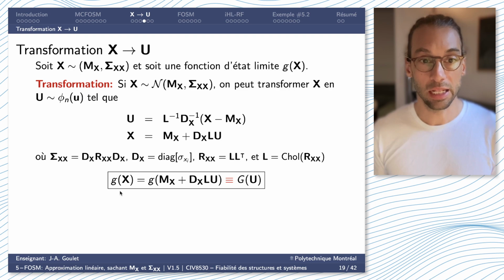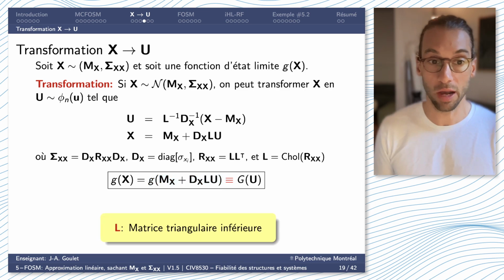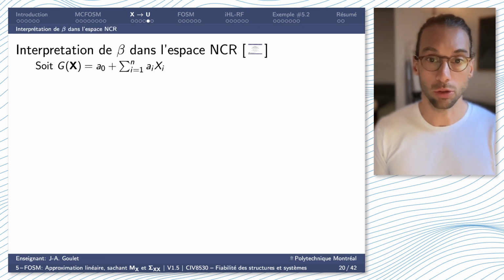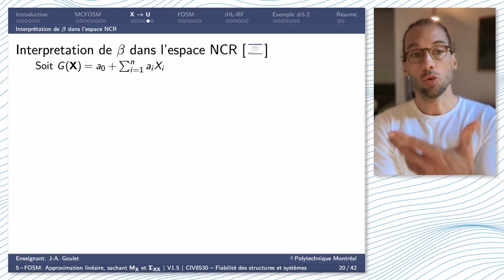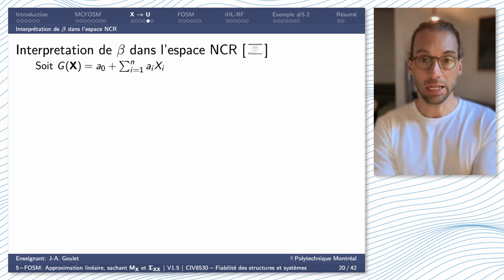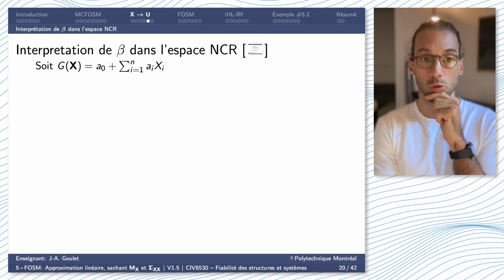So if I want to evaluate g of u, I'm simply going to evaluate g of my transformation from u to x. So I can now express my limit state function in terms of u if I want to. And keep in mind, as I said earlier, that L is a lower triangular matrix for my Cholesky decomposition. So what is the interpretation of my beta, my reliability index, in the standard normal space?